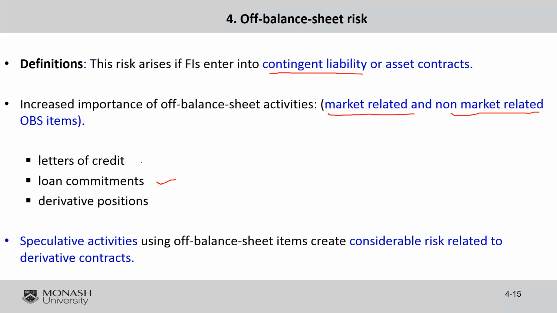Now, we also do letters of credit, and letters of credit can be guarantees. So the bank may issue a guarantee in the form of a letter of credit inside the country or outside the country, assuming that its customer who is receiving this letter of credit will perform well in front of the other parties. But if they don't perform well, then the other party will claim from the bank.